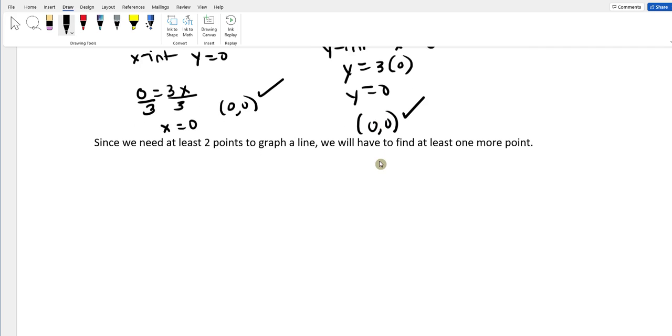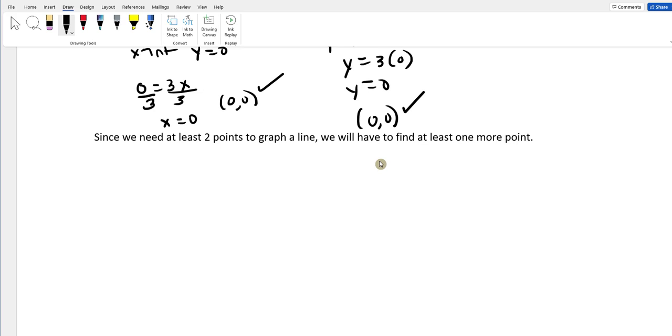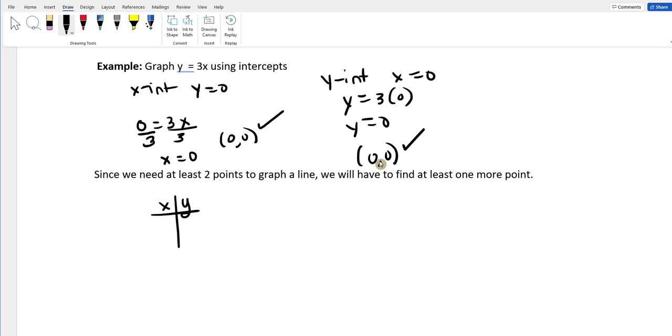So we can't just put a point at the origin and graph. We have to have another point, because you need at least 2 points to graph. So what I can do is a little table of values, and I can pick any number I want for x and solve for y. So let's say I pick -1 for x. I get y is equal to 3 times -1, or sorry, y is equal to -3.